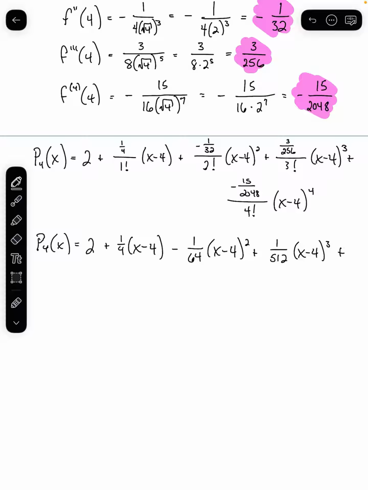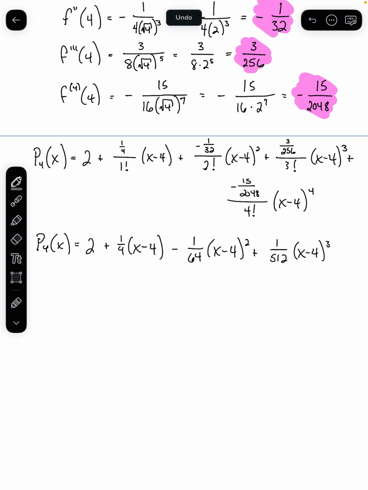The last one, well, even I'm going to need a calculator for that, is going to end up giving us negative 15 over 2048 divided by 4 factorial, which is 24. Now that would give us 15 over 49,152, but there actually is a common factor in there since the 15 is divisible by 3, and there is a factor of 3 in the factorial.